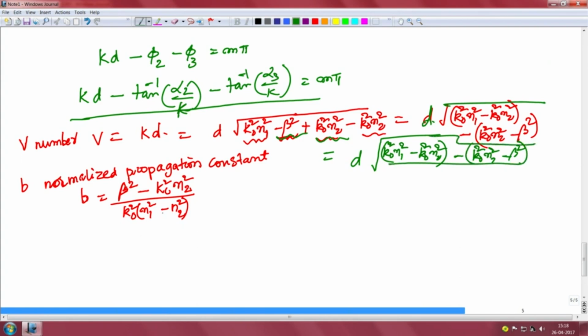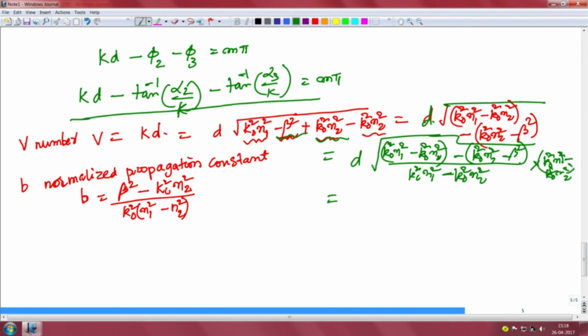I am trying to bring in this form so that I can write it in terms of B. I will divide by k0 square n1 square minus k0 square n2 square and also multiply with k0 square n1 square minus k0 square n2 square.